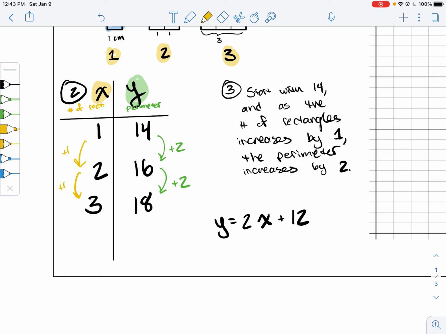You just say, start with the number of rectangles you have, and then each time you add 1, you need to add 2 for your perimeter, so that's where that 2 comes from. Except to get our original one, you needed to also add 12. That's the equation. I don't really know how to tell you how to find the equation better than what I just did, but that's okay. If you need help finding patterns, I'll work with you in class.